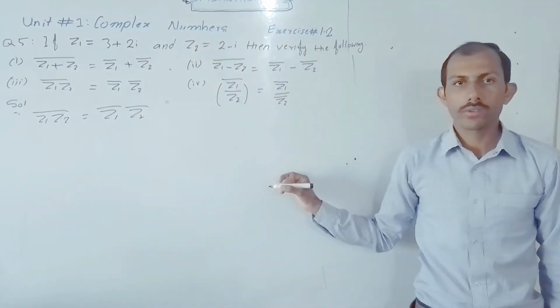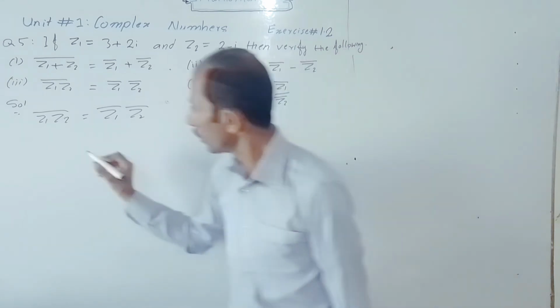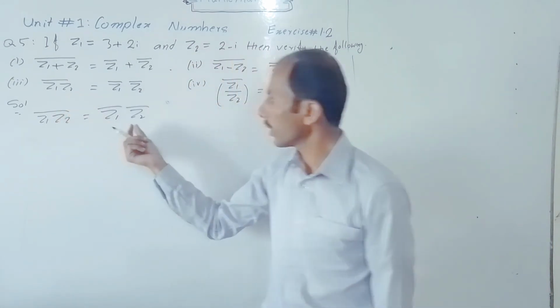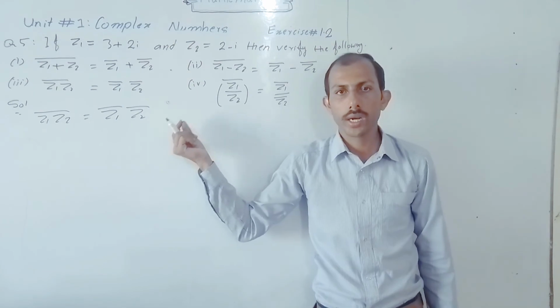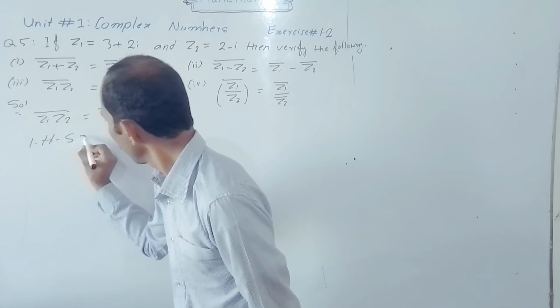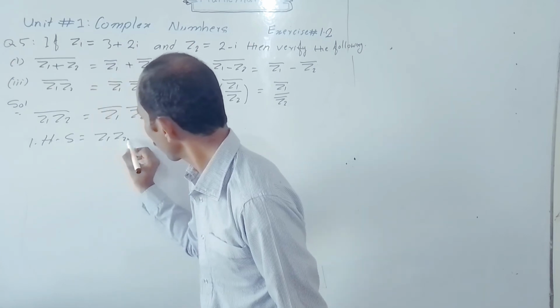Taking the left hand side, (Z1 Z2) whole conjugate is equal to Z1 conjugate Z2 conjugate. So the left hand side is equal to (Z1 Z2) whole conjugate.